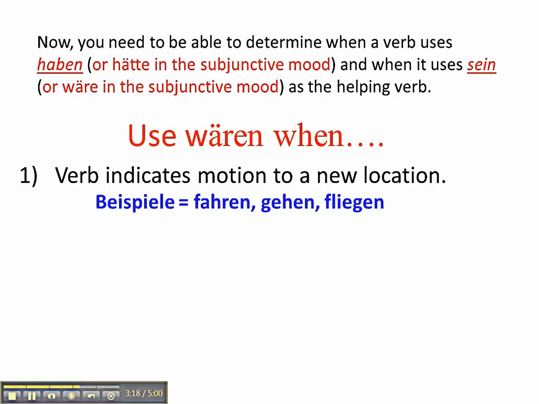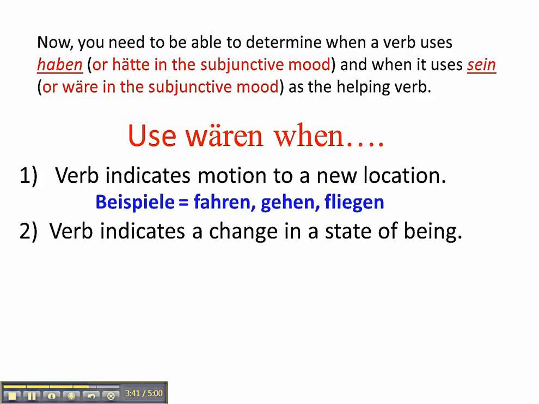When you are driving, you're moving to a new location. You're gehen, you're definitely going to a new location. Fliegen, you're flying. As opposed to a verb that doesn't clearly indicate that, like spielen. Playing, you might think that involves action, but you can be playing cards and sitting still, so it has to be motion that indicates movement to a new location.